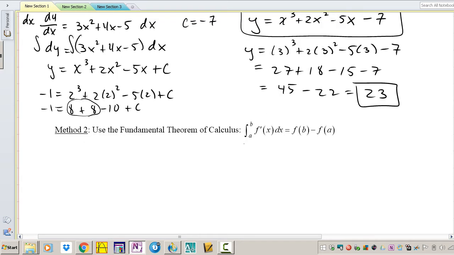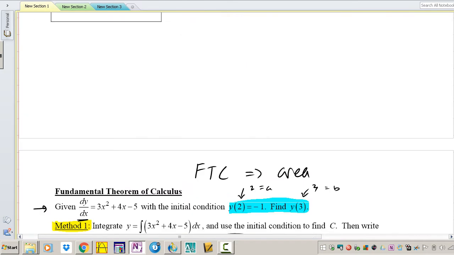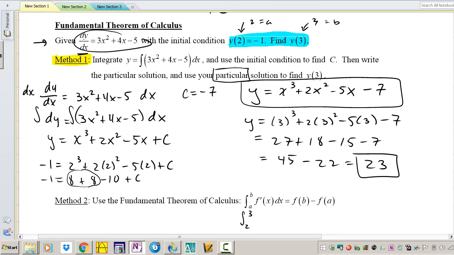So I'm going to rewrite this as the integral from 2 to 3 of the derivative, which is the same thing as f prime, 3x squared plus 4x minus 5 dx, is equal to, using the fundamental theorem of calculus, f of 3, because that is my upper bound, minus f of 2.